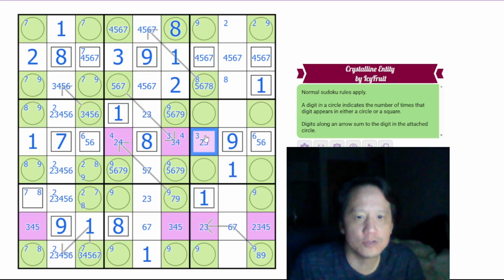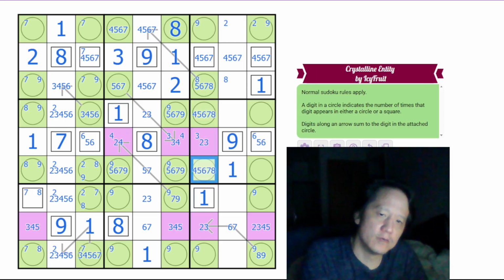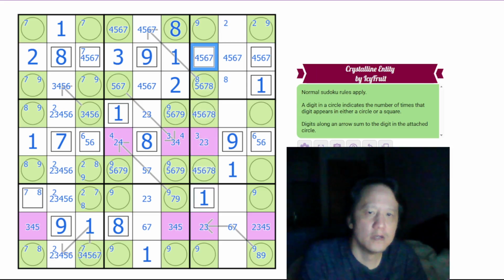That forms a 2, 3 pair in column 7. Therefore, the rest of that column must be 4 through 9. This can't be 9, though. So this is 4 through 9. This can't be 8. This is 4 through 9.